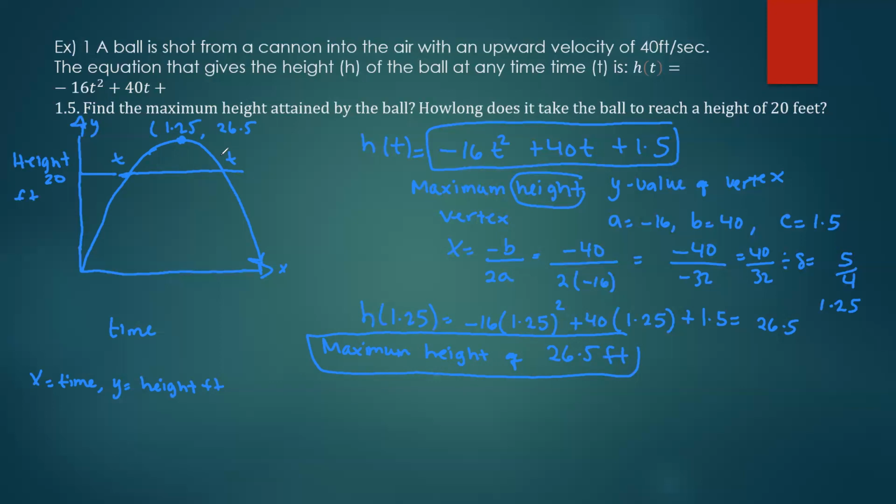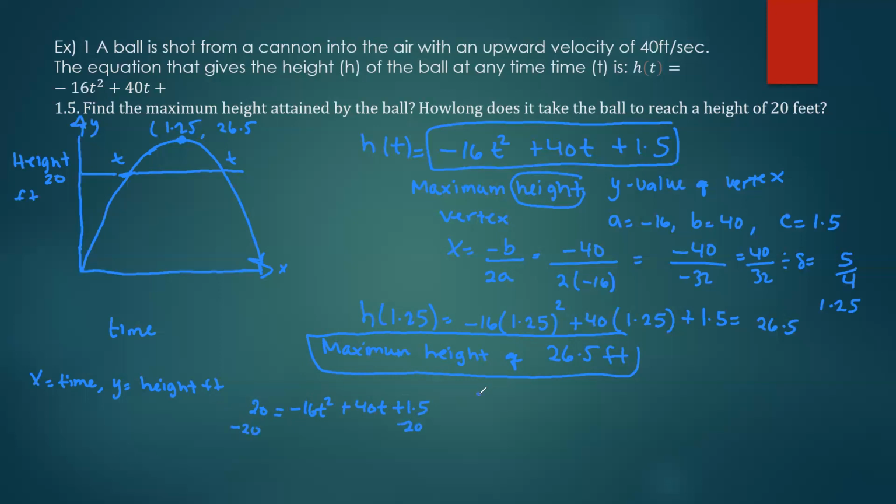Okay, so how would we do that? How long does it take for the ball to reach a height of 20 feet? So you just replace h of t with 20, and then you get -16t squared. Then we just solve for t, so I'm going to subtract 20.